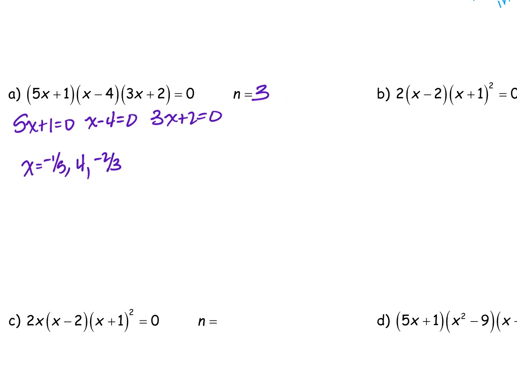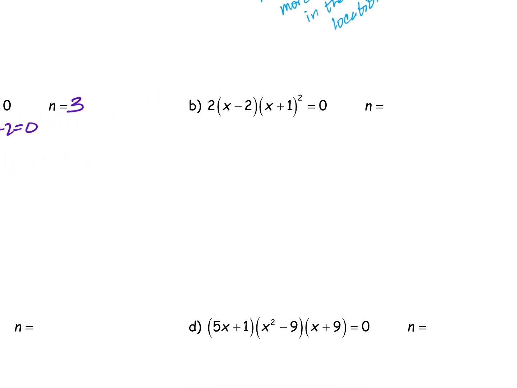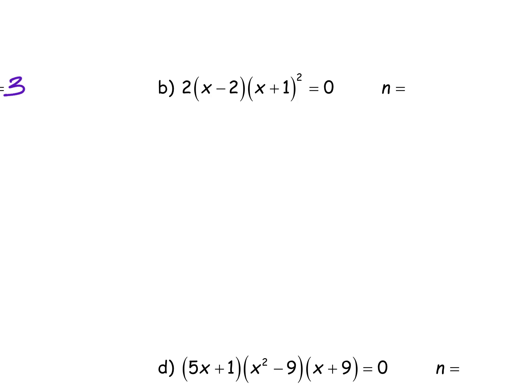So number B, I have an x squared, right? Because x times x will give me x squared. And then times x is 3 again. I have 3 here. So the 2, I can get rid of the 2 by doing this. So I would have x minus 2 times x plus 1 squared. So that 2 doesn't do anything. It's just a constant. And that would equal 0.